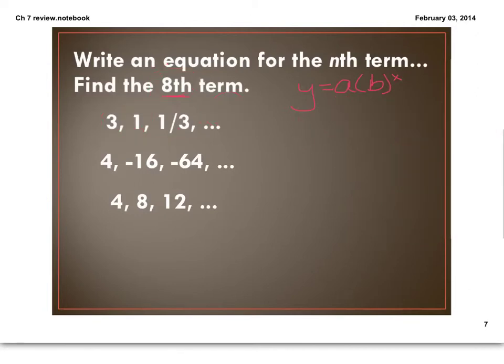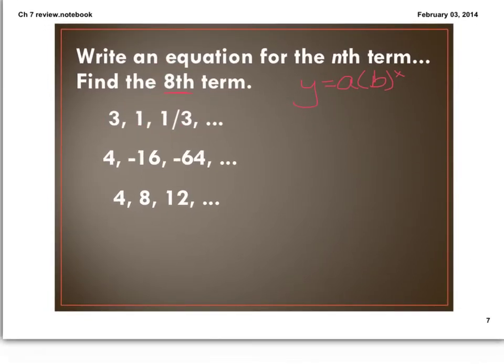In my next example, I start with 4, then I go to negative 16, and then I go to negative 64. So again, if I want to find my growth factor or my factor, I take negative 16 and divide it by 4, and I get negative 4.